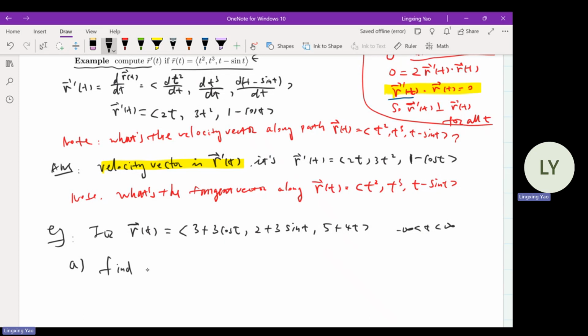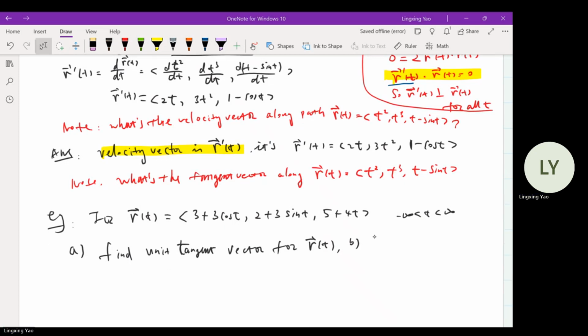So for the first part, I want to find the unit tangent vector. And in the second part, write down the equation of the tangent line at a specific t value. So how do we answer this?